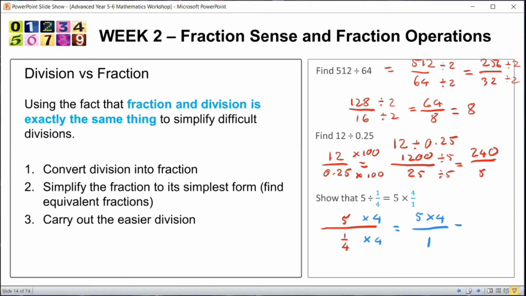So that is going to be equal to 5 times 4 over 1. Does that make sense? Yeah, you multiply a whole number by a fraction, you multiply with the top. Therefore, 5 times 4 over 1 is the same as 5 times the fraction 4 over 1.